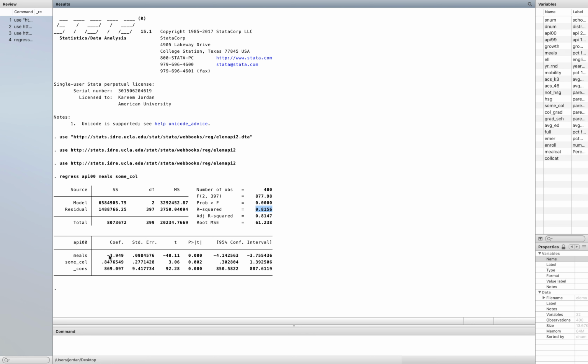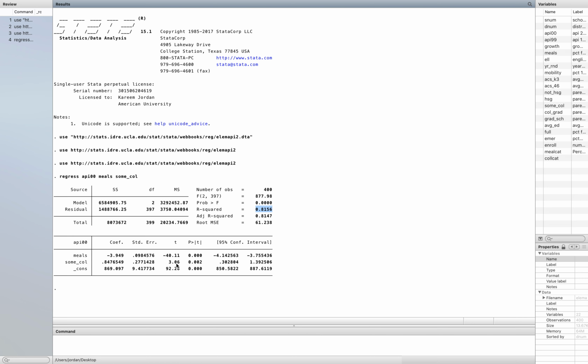In other words, as the percent of students on free meals goes up, the academic performance index for the year 2000 goes down. Some college is significant, so it's a positive coefficient.